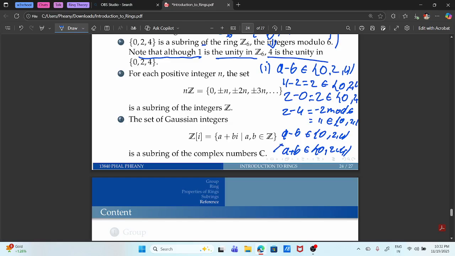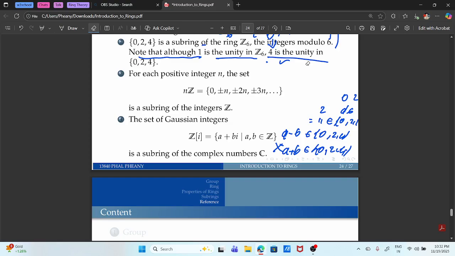No, it is not. This is the correct one, the first condition. Okay, no problem. Let me clear this one.